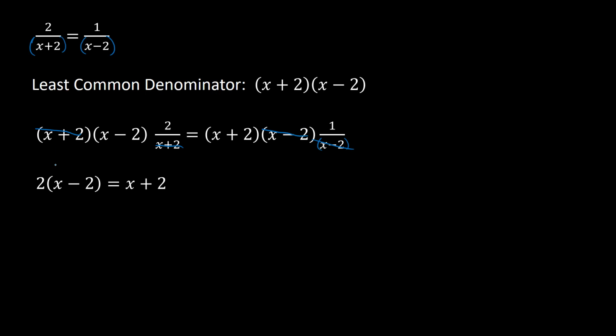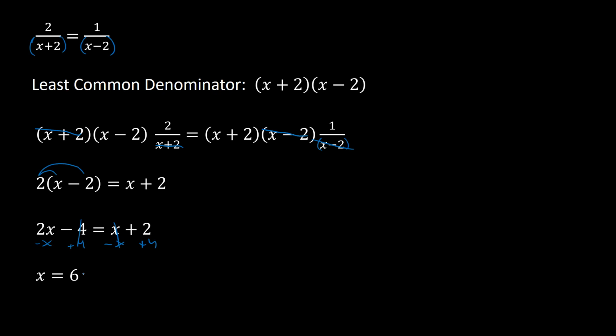So then to solve, I want to distribute the 2, so 2 times x and 2 times negative 2, to get 2x minus 4. And then I want to get x's on the same side, so I subtract x over, and I now have x minus 4 equals 2. And then add 4 to both sides, we now have x equals 6. So my solution would be 6.